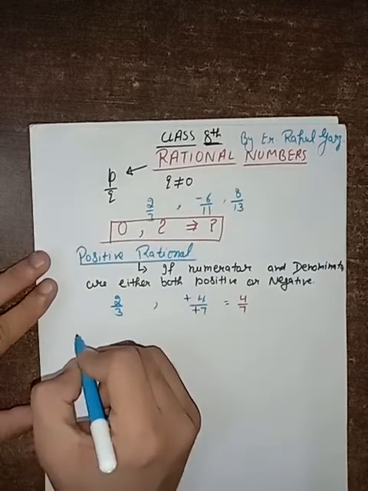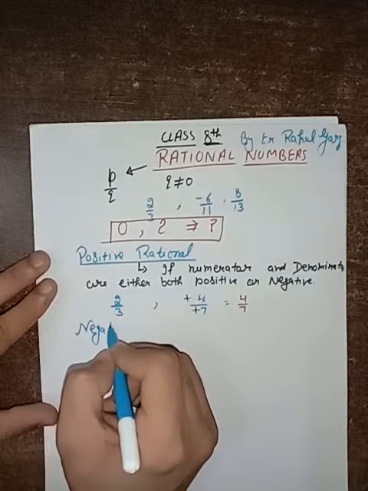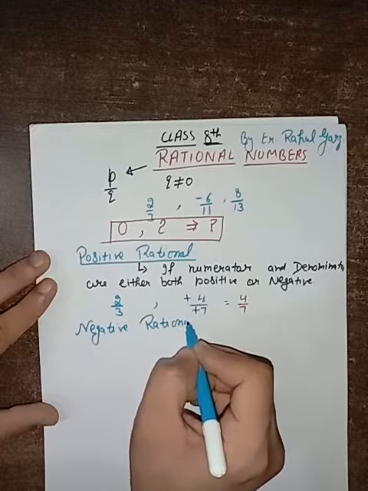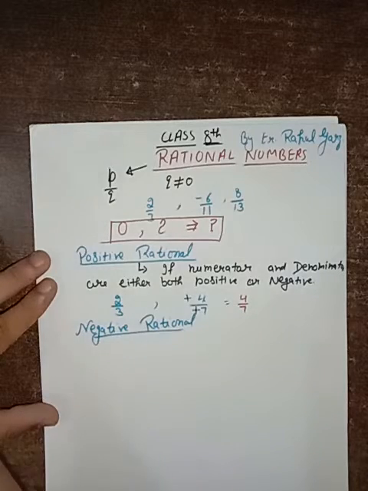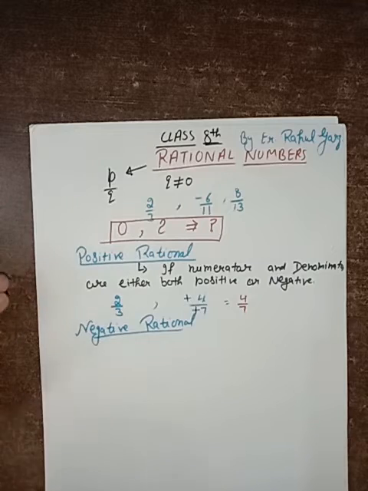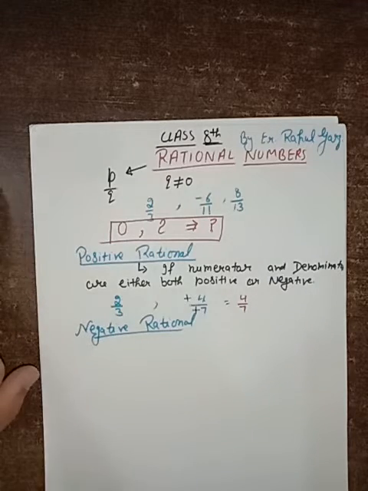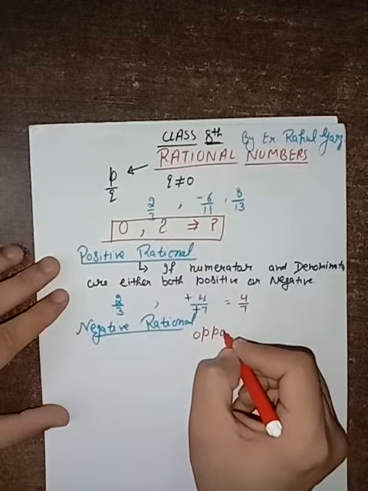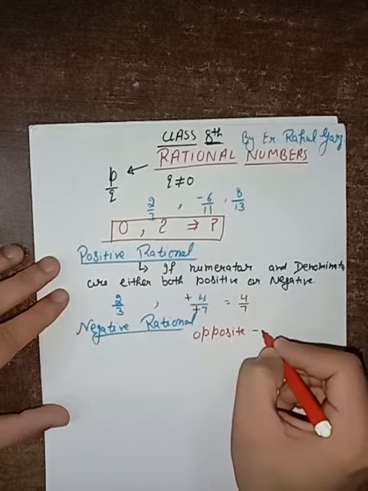Now, negative rational number. Here, numerator and denominator should be of opposite sign.